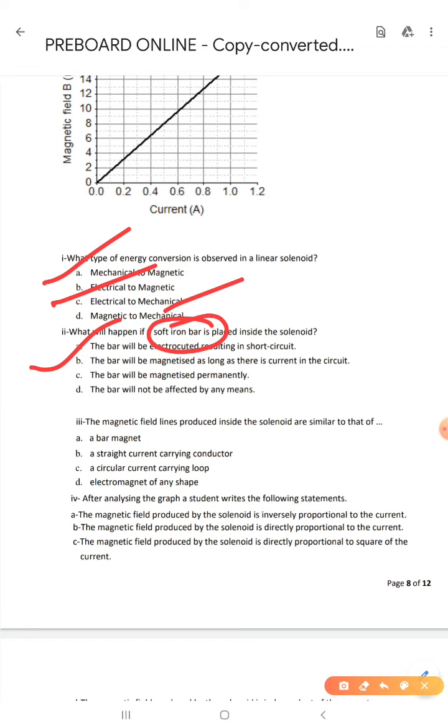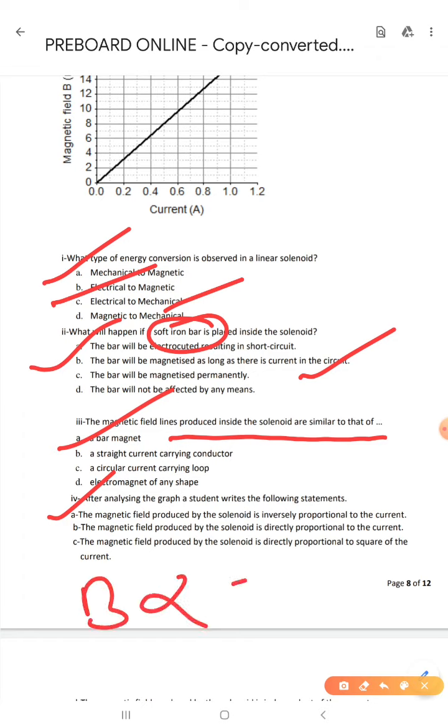So according to this, we will get our answer, which is option B. Third one, the magnetic field lines produced inside the solenoid. This is just the same as a bar magnet. We should know this point from our chapter also. And from the graph also we will get B proportional to I.